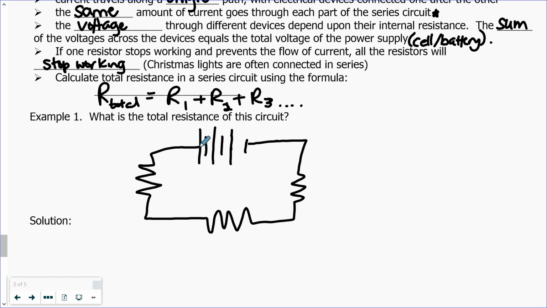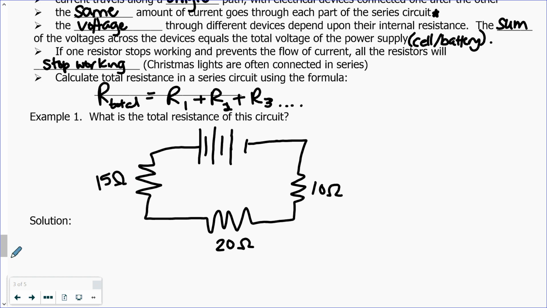It tells us next to it the resistance of each of the resistors. This is representing a battery, a cell, a cell, a cell, a wire, a resistor, a wire, a resistor, a wire, a resistor, a wire. I don't have switches or multiple connections in this one. The resistance of this one is 20 ohms, and this side is 15 ohms.